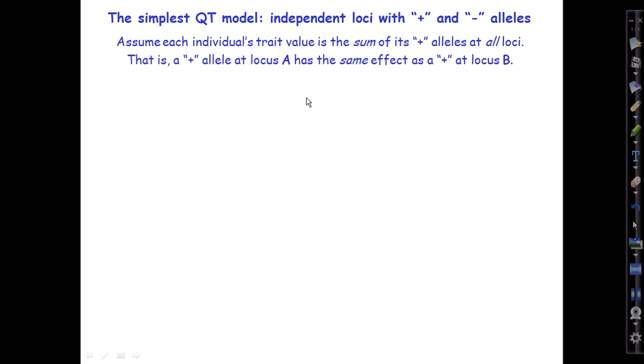Okay, so the consequence here, this is a subtlety, but it's very simple, just a new idea for you to imbibe if you haven't met it before. The idea is that a plus allele at one locus, let's call it the A locus as usual, has the same effect, or at least the same kind of effect, as a plus allele at locus B. So they are interchangeable in that sense.